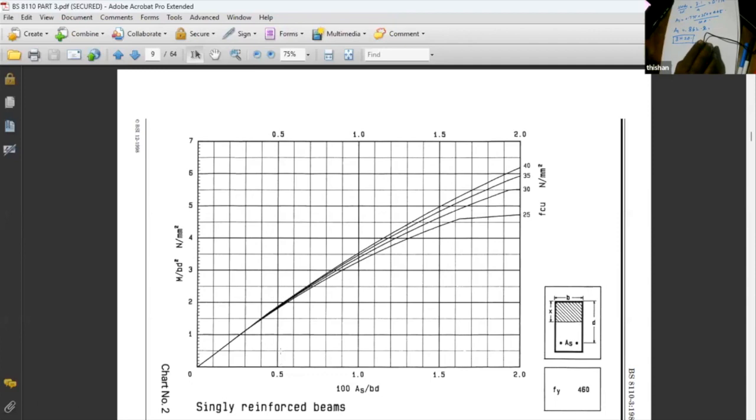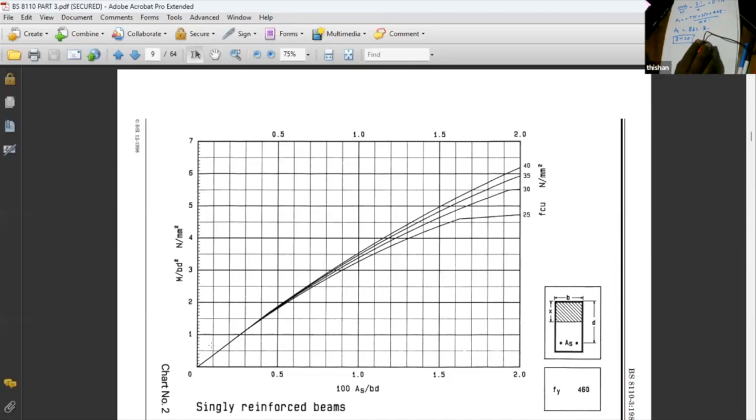But this is for 460 steel. For 500 steel, the chart goes a little above. It is almost a straight line. So when M over b d squared is 3, it's about 0.75. It's a little above, but for the Eurocode, you get 0.75.